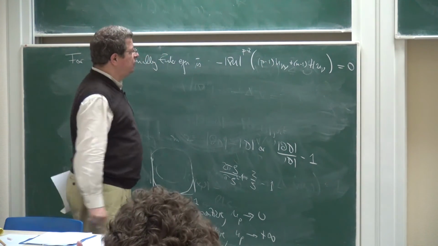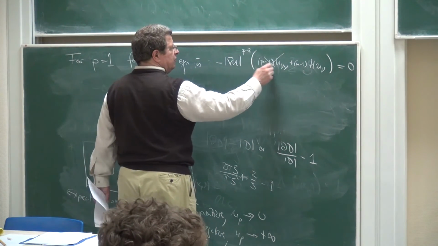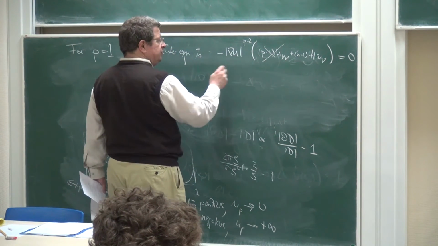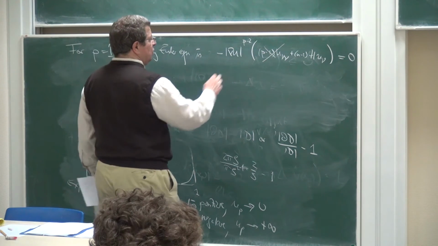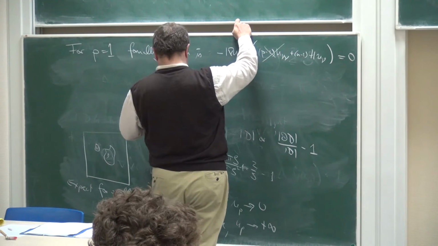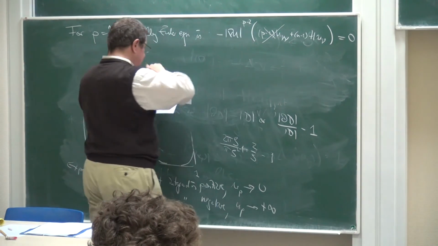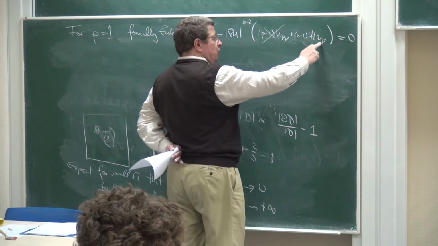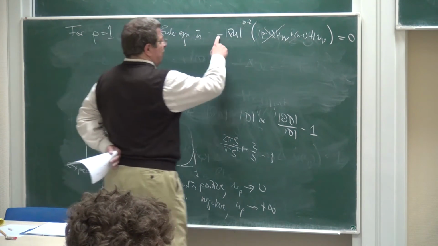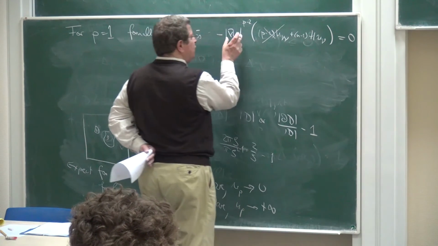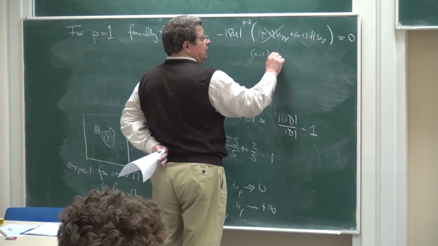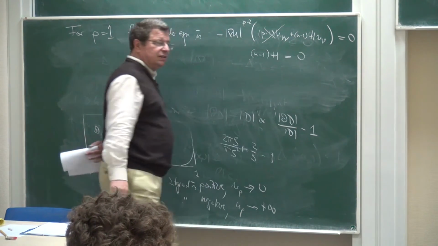So when p goes to 1, this term becomes 0, and this one is 1 over the modulus of gradient u. And du by dν is negative, the exterior normal derivative, so minus du by dν is equal to the modulus of gradient u. So what we get is n minus 1 times h equal to 0.